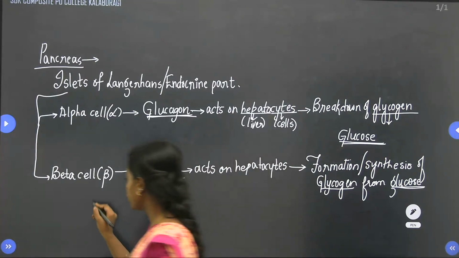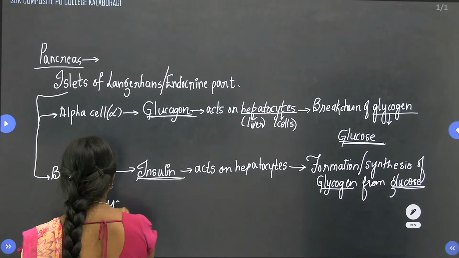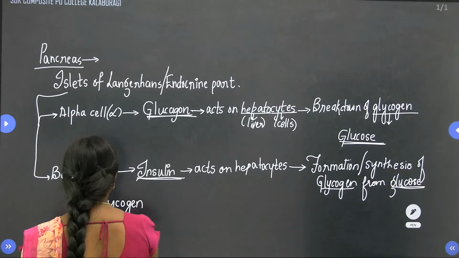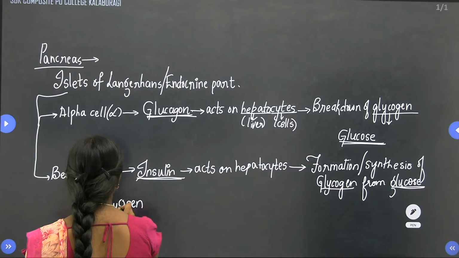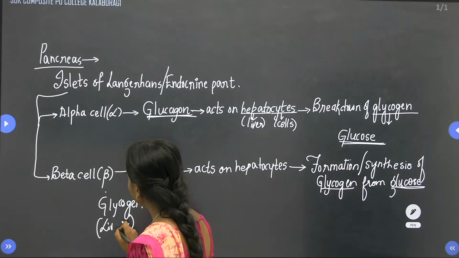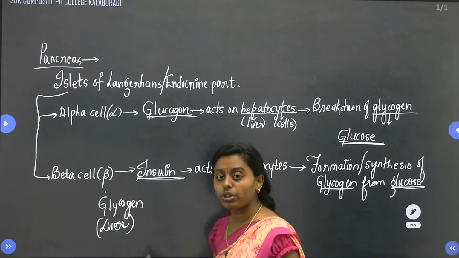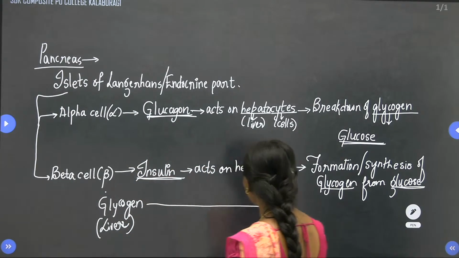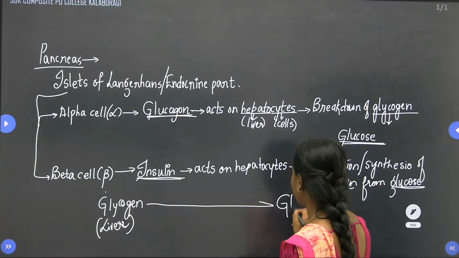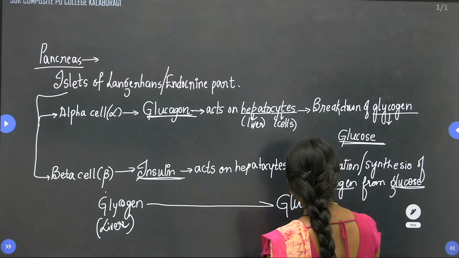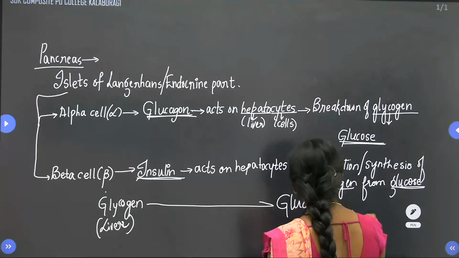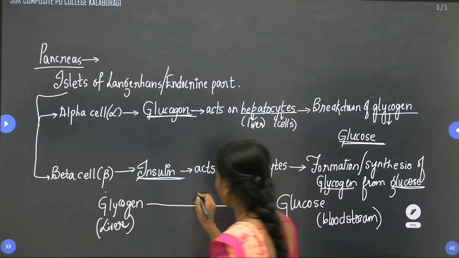To sum up, glycogen that is stored in the liver is broken down into simple units, that is glucose, in the bloodstream with the help of the hormone glucagon.